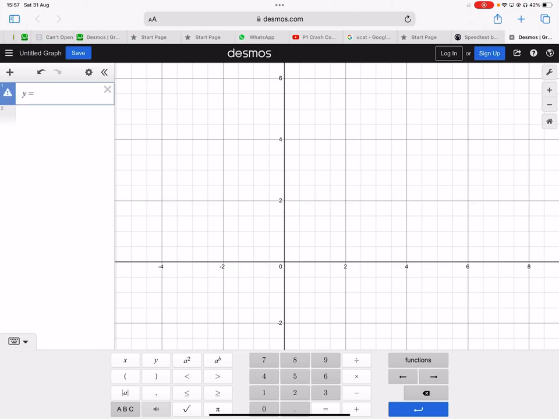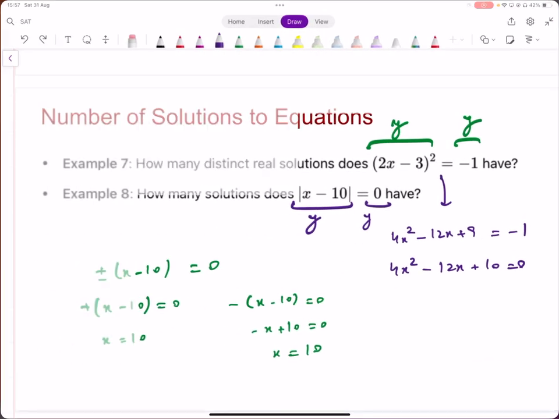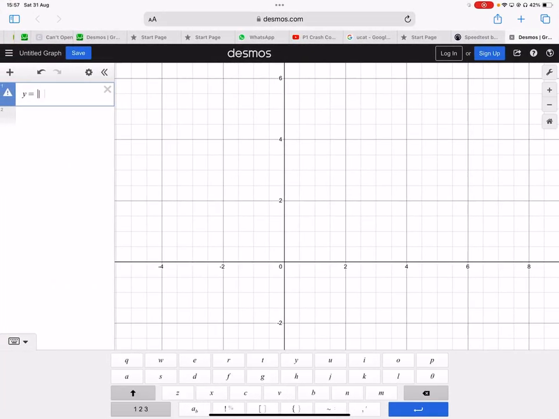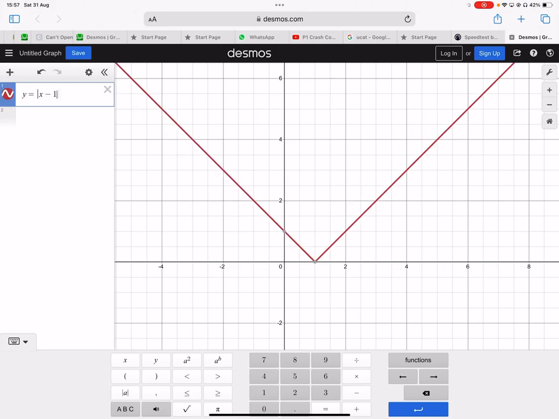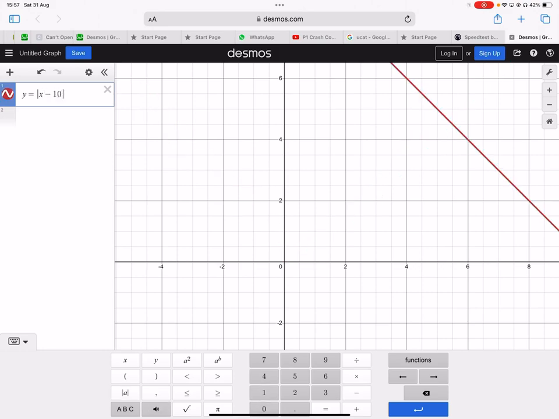Right at the bottom there, you see this button. Bottom left, right? A, and then you have two vertical lines around that. So you say modulus of x minus 10, and then modulus closed.